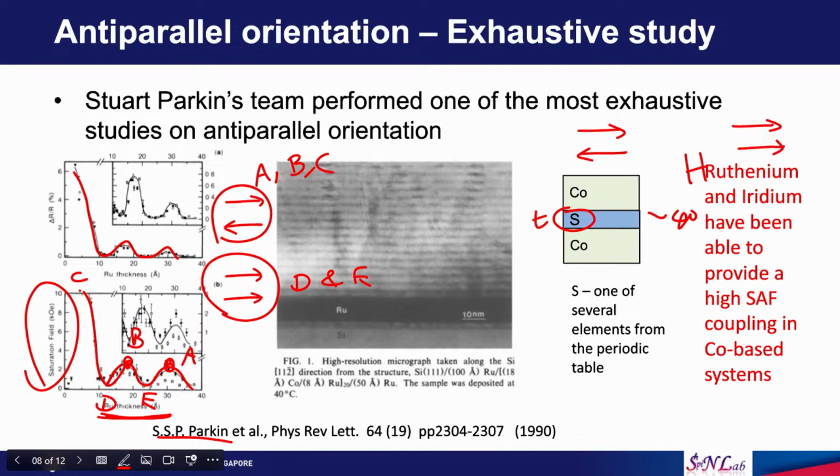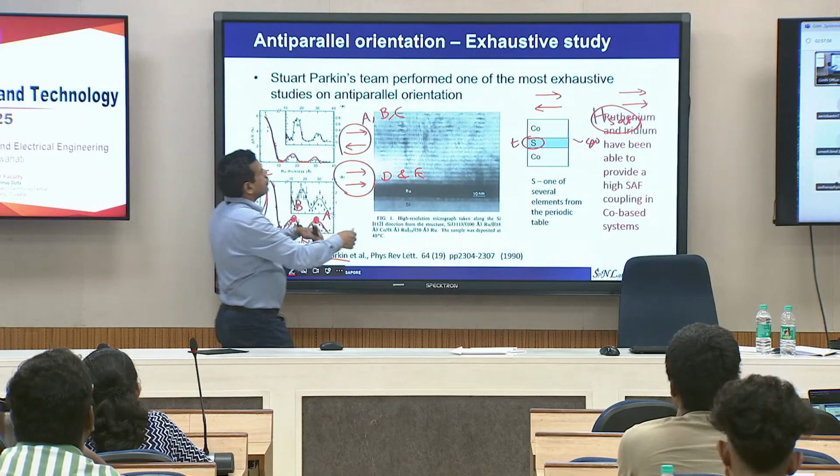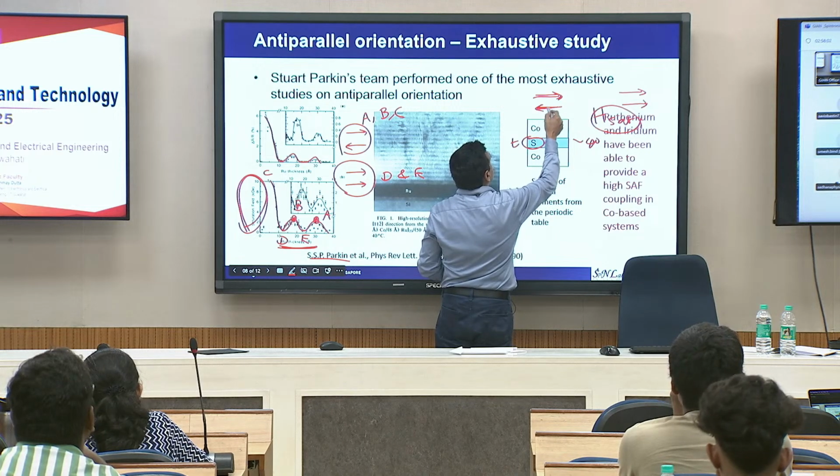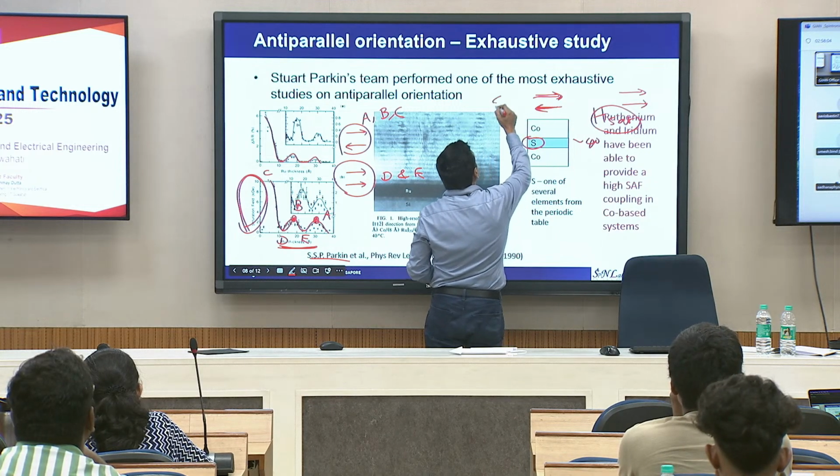So, the field at which the two layers have parallel magnetization is called the saturating field in this case. Okay. So, when the saturation field is very large, what it means is that the anti-parallel coupling between these two magnetizations is very strong.